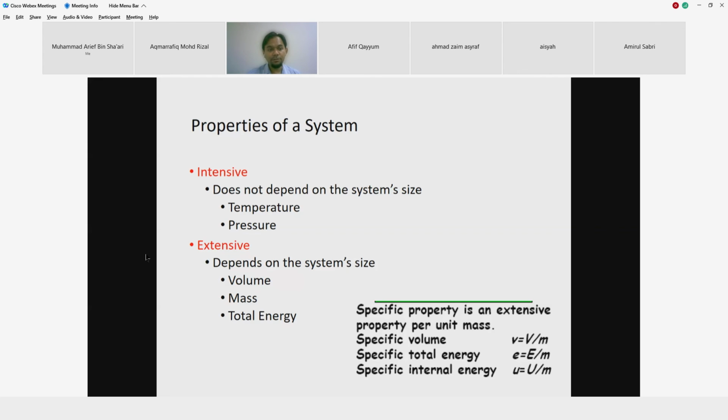However, for the intensive properties, they do not depend on the size of the system. Let's say you have a thermometer and you check the temperature of your cake. Before you cut it into half, you check the temperature of the cake, for example, 20 degrees C. And then you cut your cake into half.